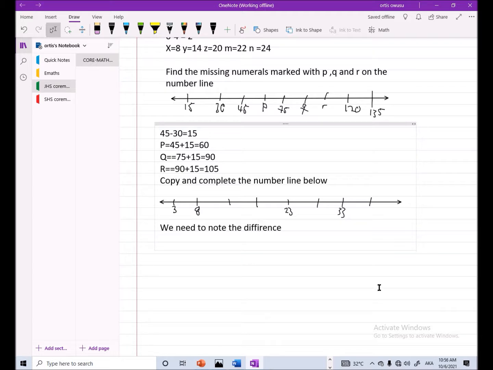The difference is that we subtract the small from the big one. Not 3 from 33, no, you will get it wrong, but rather this from this, and that will give us the range.